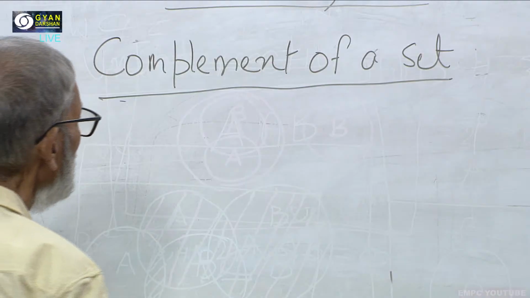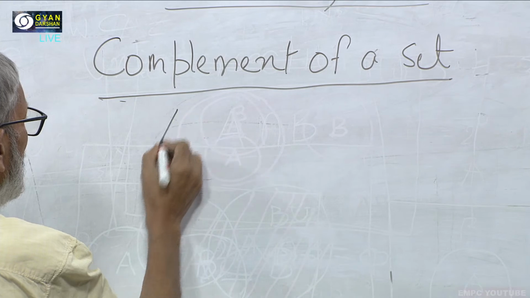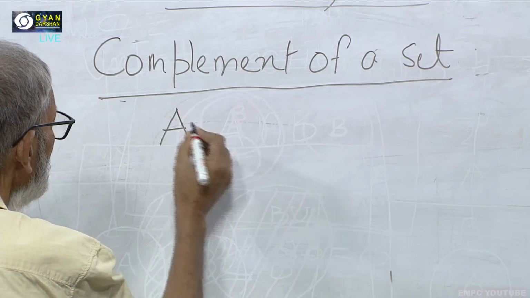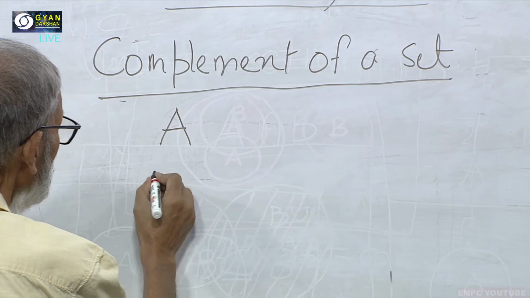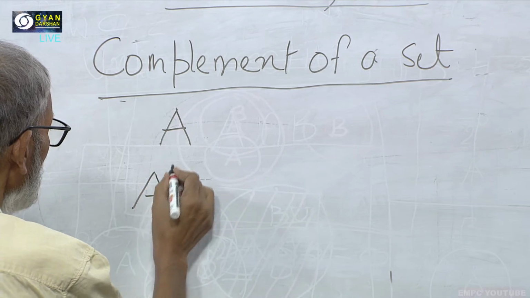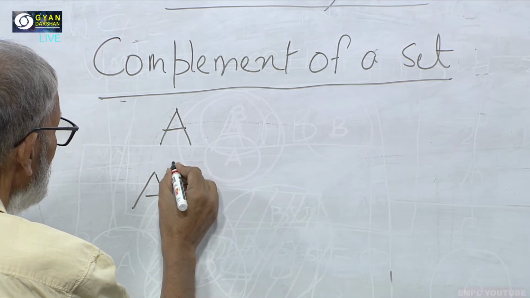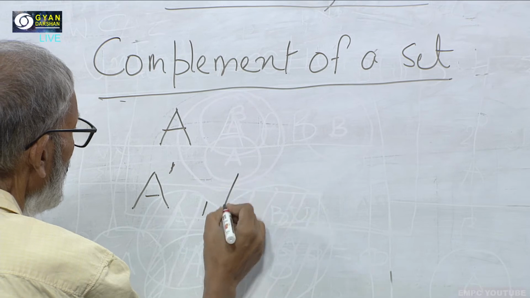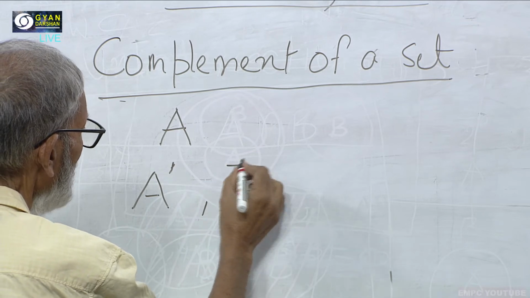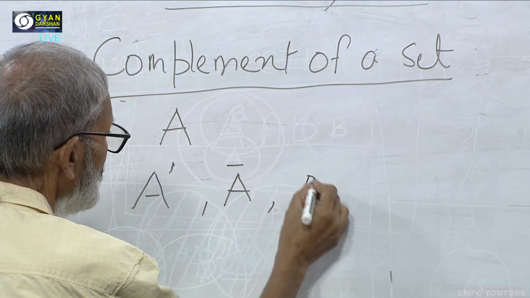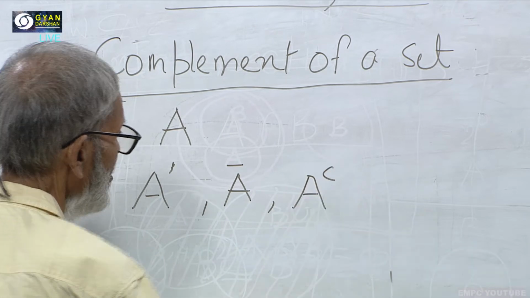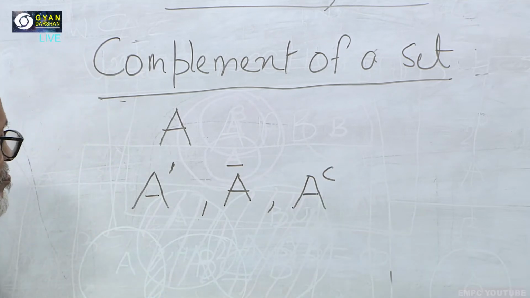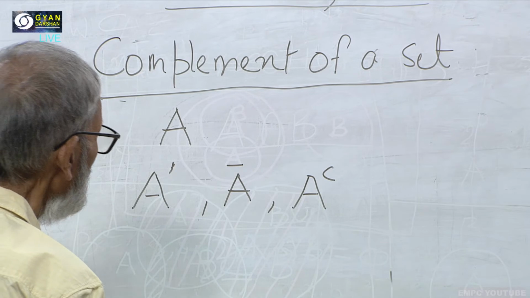Complement of a set: suppose A is a set, so its complement is represented by A dash, or A bar, or we also write A C. How do we define it?